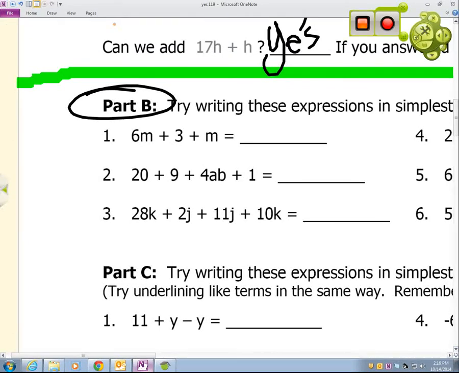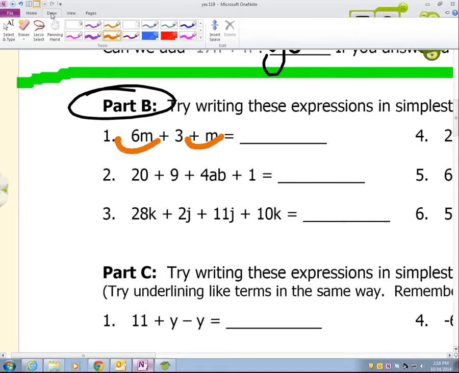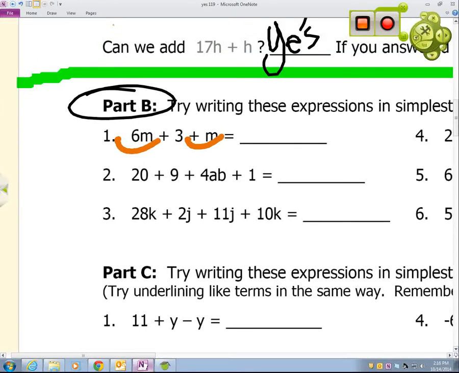So what I'm going to do is an arc under here, because that's one like term. I'm going to do an arc right here, because that's another like term. So I have the 3 that's left. I'm going to do an arc above that guy, because the number 3 is the only one like that.